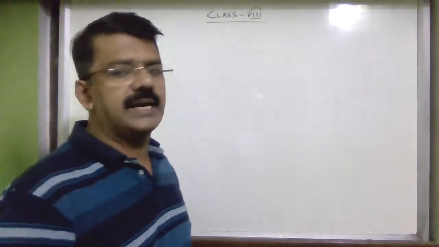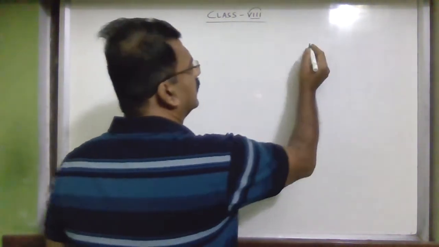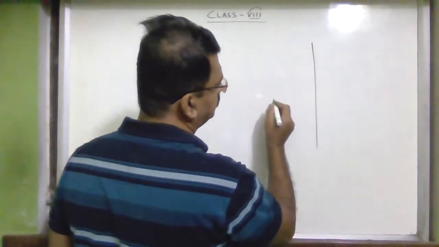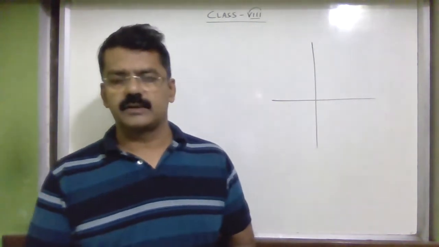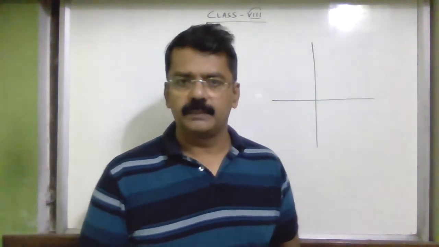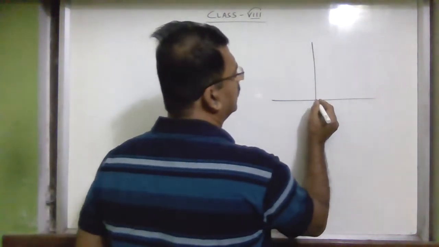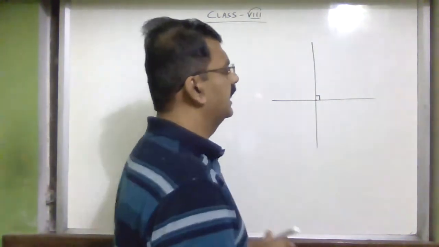So, as I have already explained in earlier classes, there are two fixed lines, one horizontal and one vertical, and they meet at right angles. Means this angle is 90 degrees.